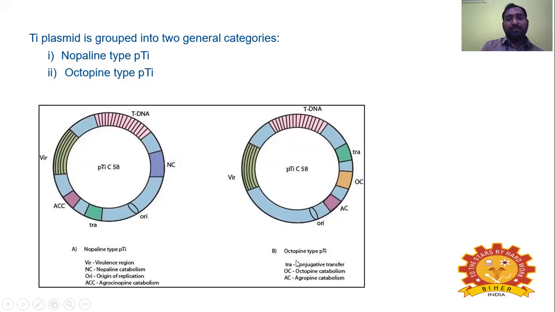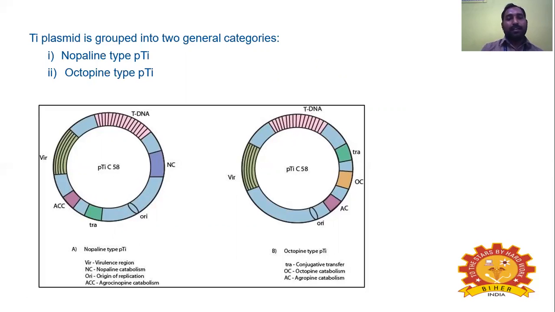And in the octopine type Ti plasmid, you will have the T-DNA and also tetracycline, OCC, ORI and the Vir genes. So these are the components present in both the nopaline type and octopine type plasmids.